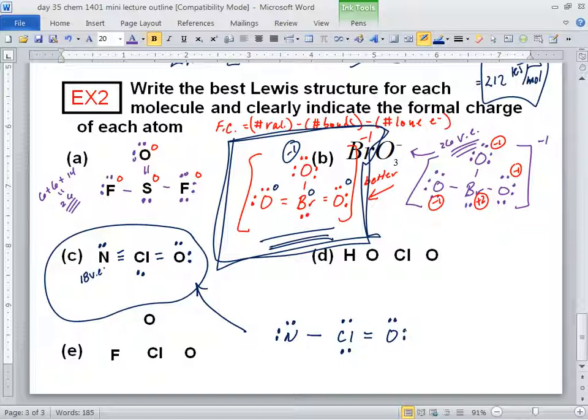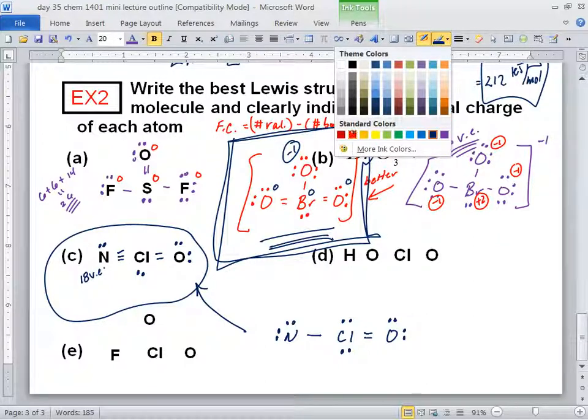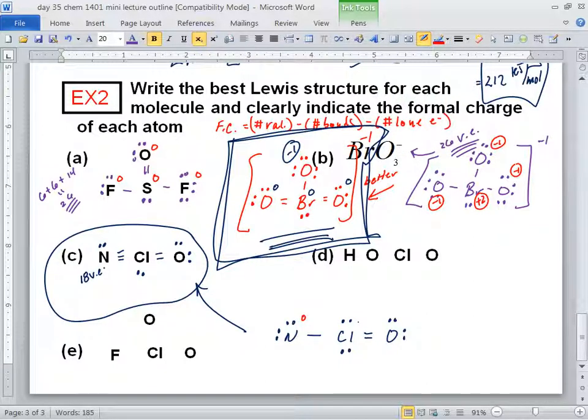So we have to use up 18. 2, 4, 6, 8, 10, 12, 14, 16. Yeah, that works. Yeah, use up 18. And everything is 0 on that one too? Yeah. Wow. Is there any other answers you guys got for NClO? Okay.